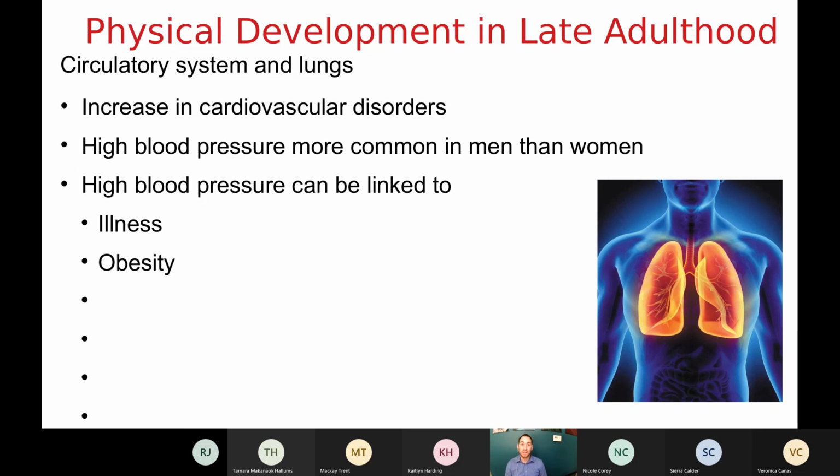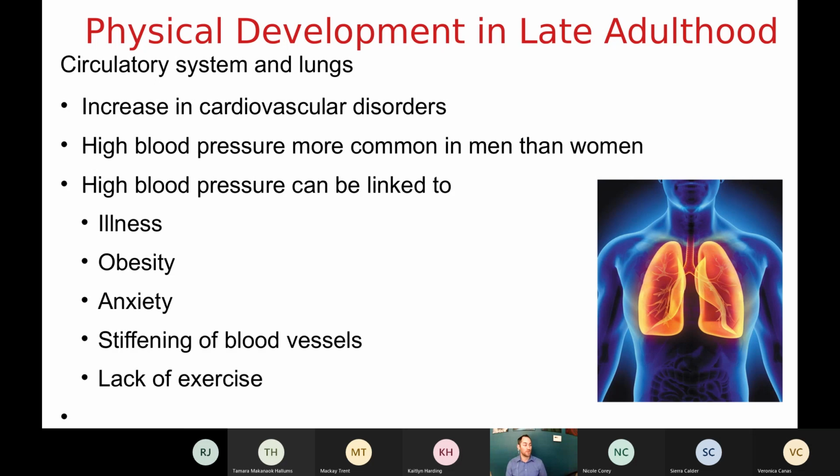A lot of different illnesses are correlated with it: obesity, anxiety, stiffening of blood vessels. It can impact getting the proper nutrients to your muscles and bones all around your body, but also to your neurons. Your neurons are still getting nutrients, oxygen, whatever they need, and a lot of that comes from the blood.